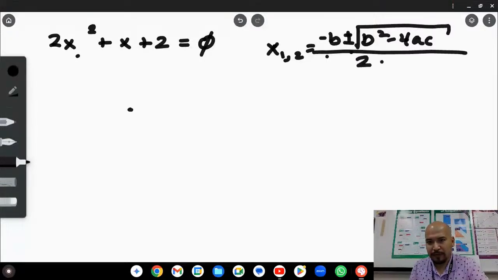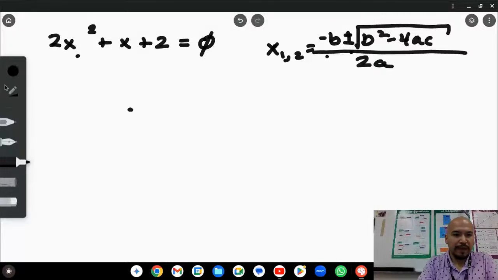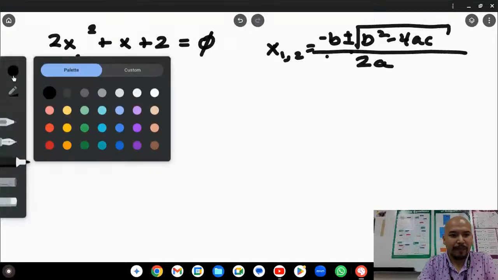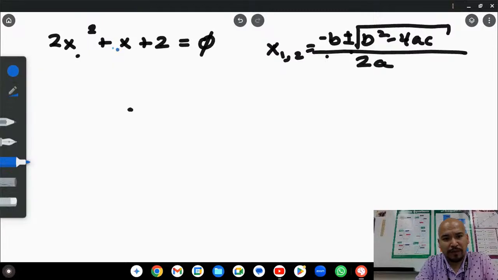For some reason, can I see my cursor? Anyway, we already know that this depends a lot on what you have. Remember, it has to be in ax squared plus bx plus c form, where it has to equal 0. So we know our baby blue brother is the number in front. This one for b is going to be a 1.